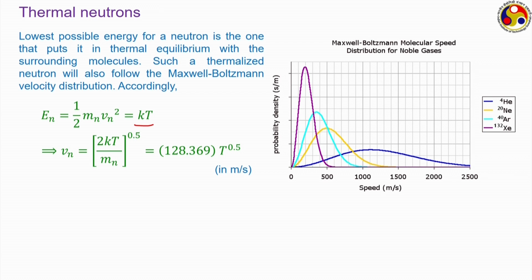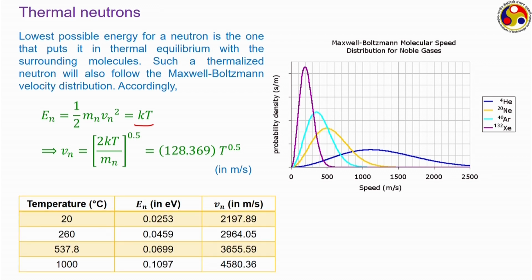So, depending upon the temperature of the surrounding, a thermalized neutron can have several velocity levels. Say if we are talking about a surrounding temperature of 20 degree Celsius, the corresponding energy for a thermal neutron is just 0.0253 electron volt, but that corresponds to something about 2200 meter per second of velocity.